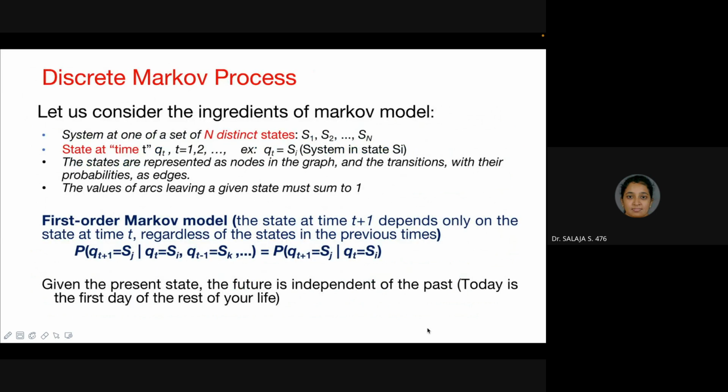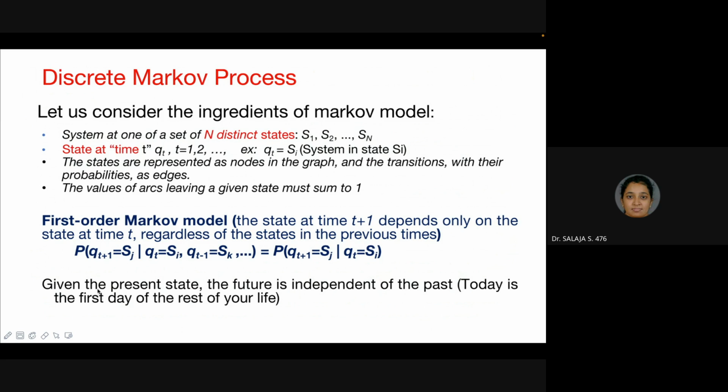We have a concept termed as discrete Markov model, where the system is defined into different states, which we take as S1 to Sn. At a particular point of time t, the system is in state qt, which is equal to si, which is one among the states which are defined.